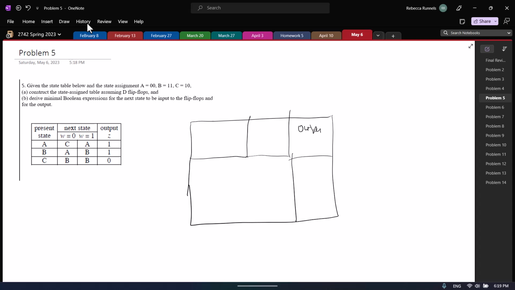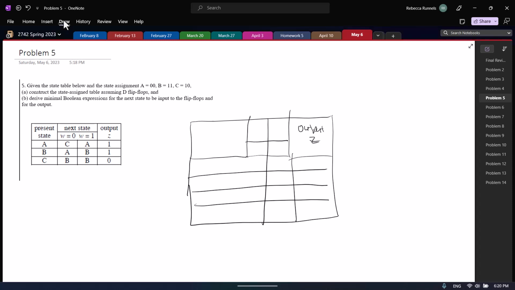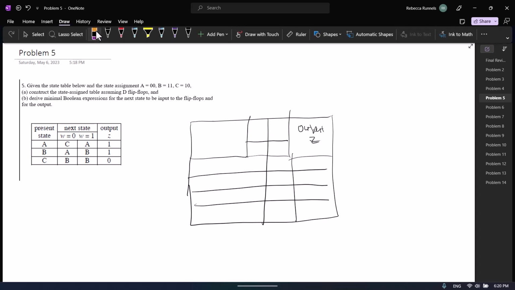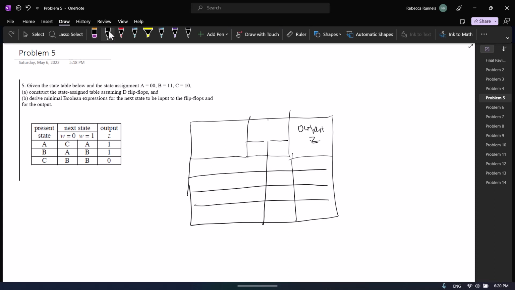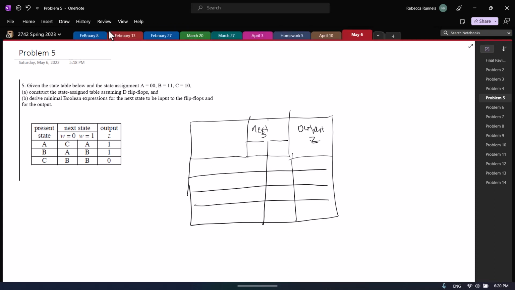So output Z, A, B, C. This will be the next state, and this will be W equals 0, W equals 1.